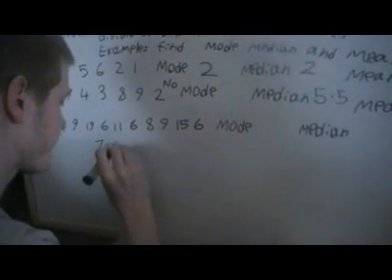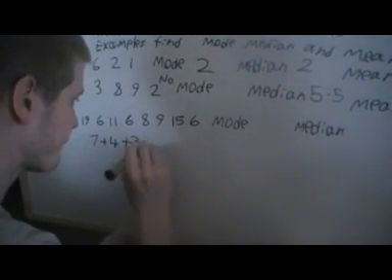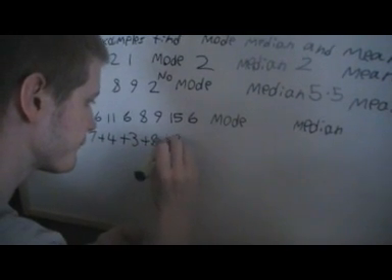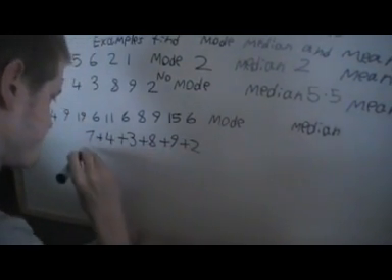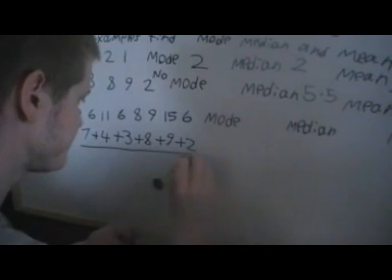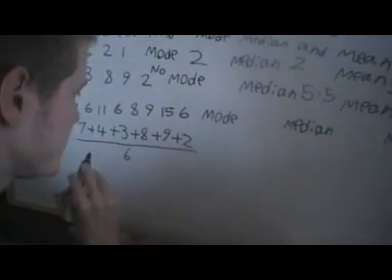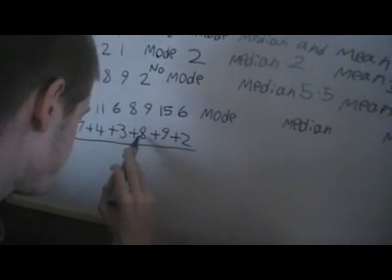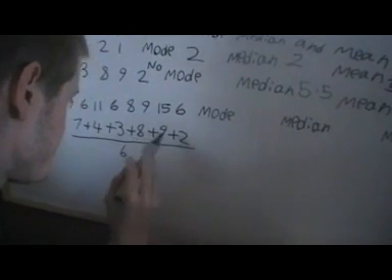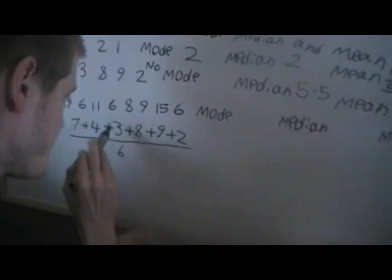The mean, we'll add them up. Divide by how many are there? 6. We'll get a 10 here. We'll get another 10 there.